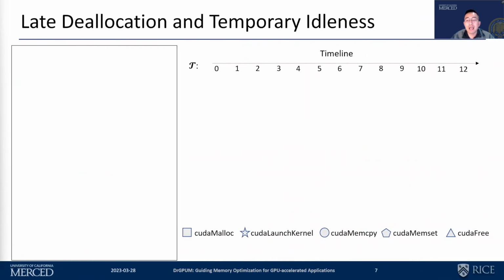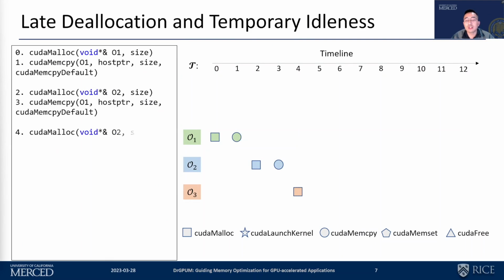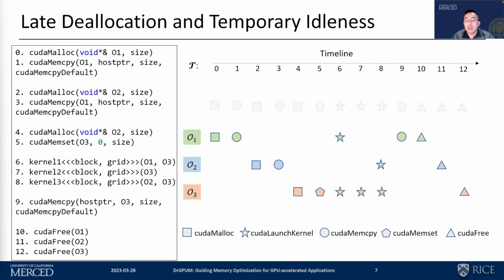Here is the timeline, and we use different shapes to represent a set of GPU memory APIs. A square represents a CUDA-malloc, a star represents a CUDA-launch kernel, a circle represents a CUDA memory copy, a pentagon represents a CUDA memory set. A triangle represents a CUDA free.